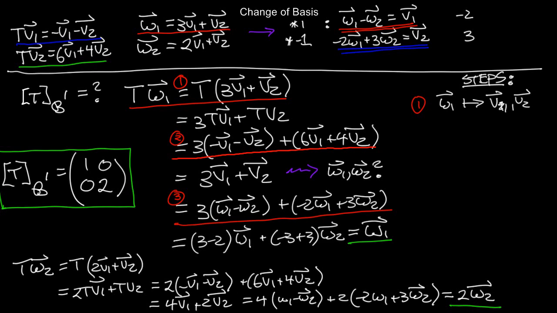Let me just write them down. Step 1 had to do with converting the W's to the V's. Step 2 had to do with writing down T in terms of the V's. And then step 3 was converting the V's back to the W's.